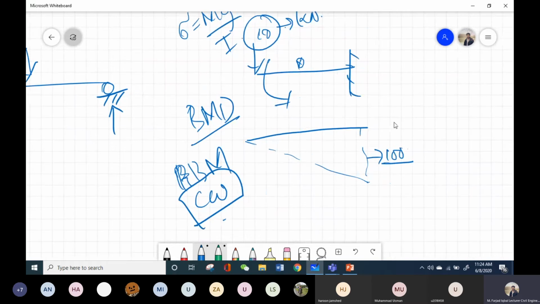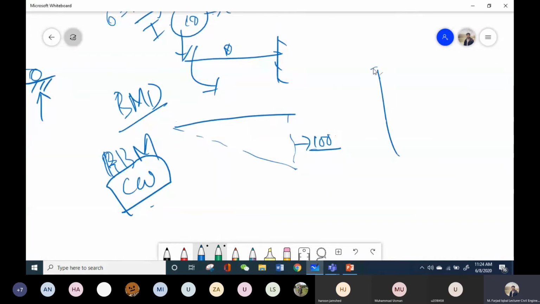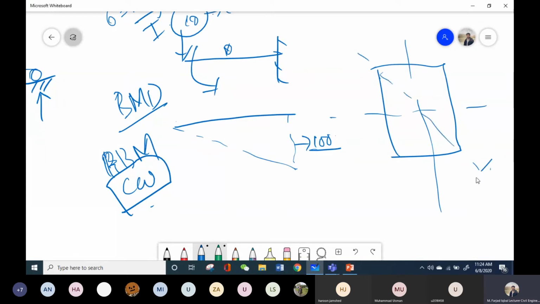When I show this moment on the cross section, let's say it is in the first quadrant, I will place the beam over here and show it pointing inwards because it is clockwise. And why have we shown it on the left side? Because there is a force on the left side of this beam which is producing the maximum bending, and that's why I have shown it on the left side. Now again I will resolve it into different components and continue with the normal calculation.